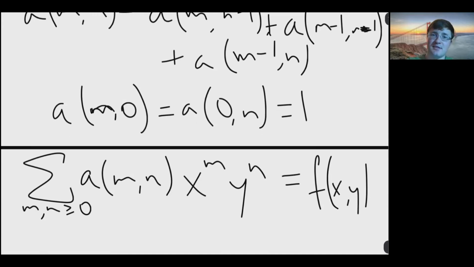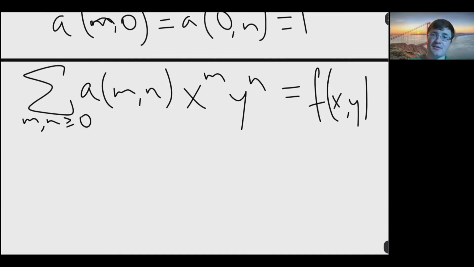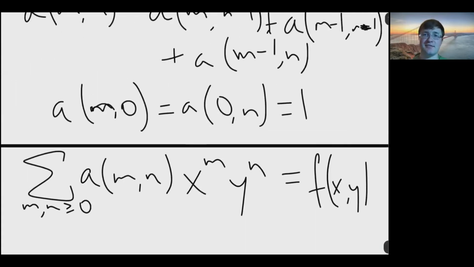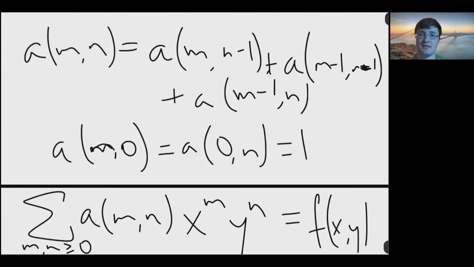When m is 0 or n is 0, I get 1. So if I have either a constant term or just x or just y, those are all 1s. For the other terms, I'm going to take this recursion and multiply through by x to the m, y to the n and see what I get.